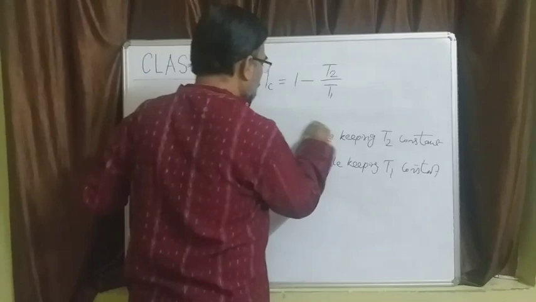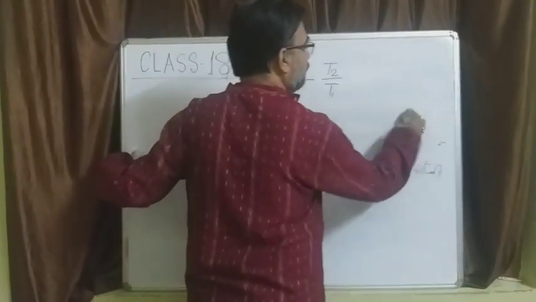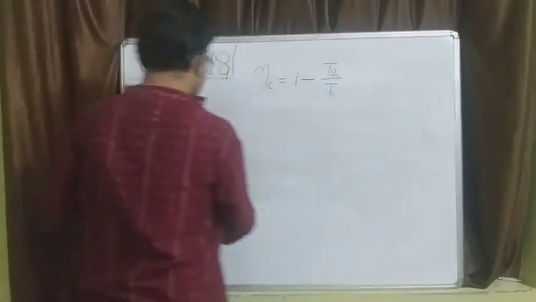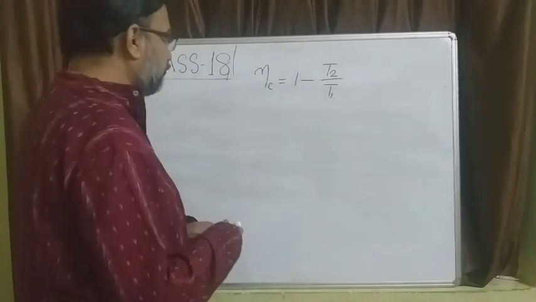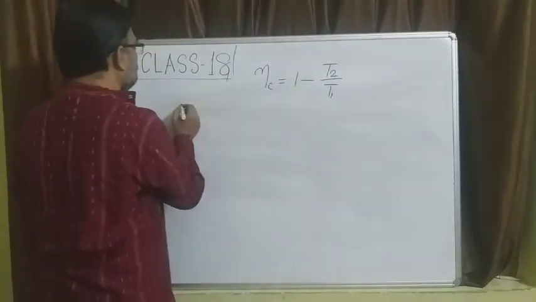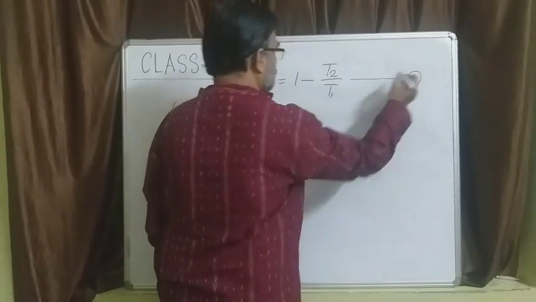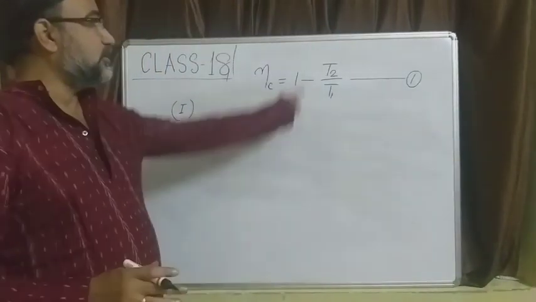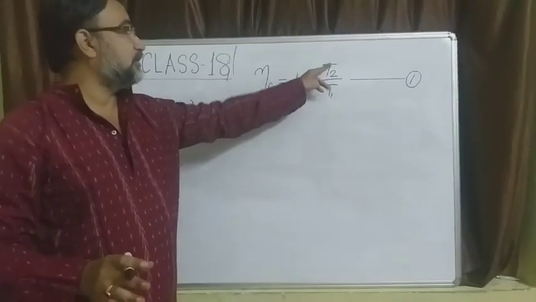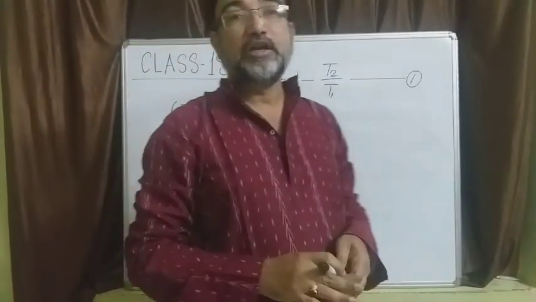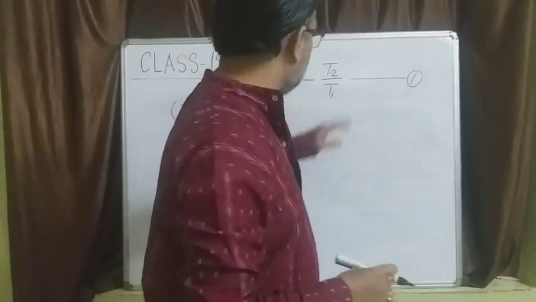So there are different methods, but I am doing the simplest method. So what you can do? This is equation 1, which shows that if you are not changing, it is the original Carnot cycle with source temperature and sink temperature T1 and T2, and this is the efficiency value.